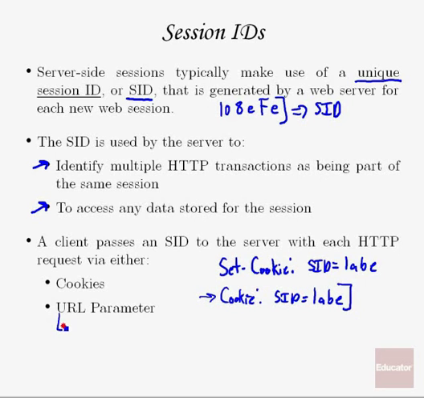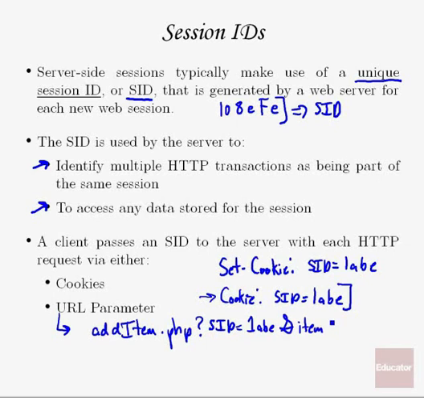Another option would be to use a URL parameter. So for example, we know that we can pass query strings and get variables, or get variables by appending them as query strings to a URL. Let's say we had a script called add item, which adds an item to a cart. We might be able to append the SID. So for example, let's say we want to add item 1001, and this is sort of the format that we use in this add item script.